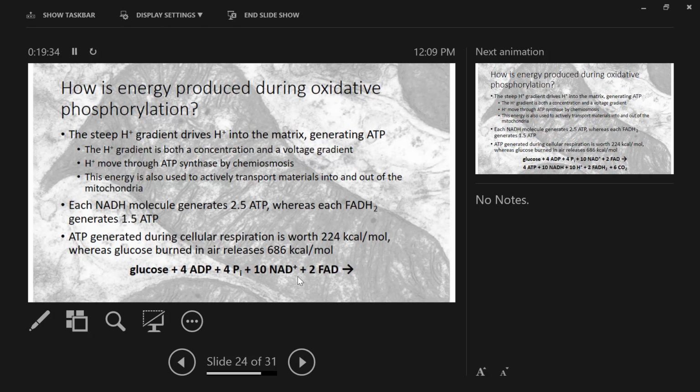We already said they generate less ATP than NADH does. How many do you want these to be worth, Chad? 1.5. So what's 1.5 times 2? 3 more. What's 25 plus 3? 28. Nicely done.